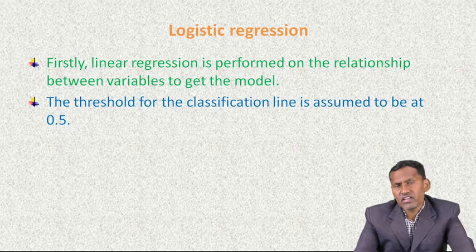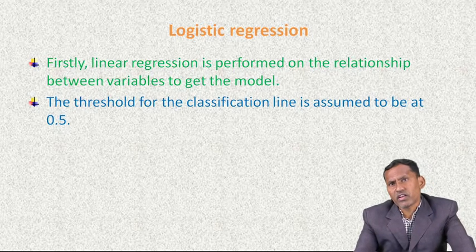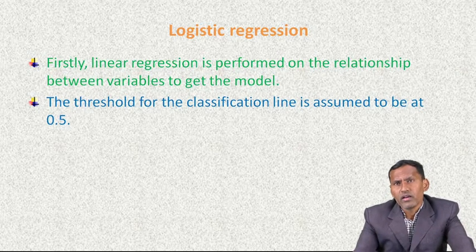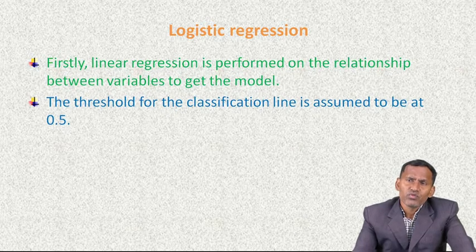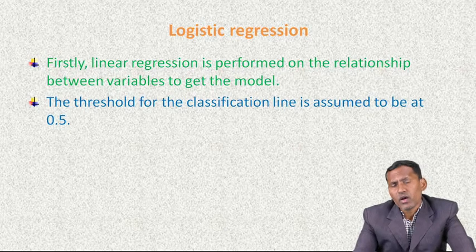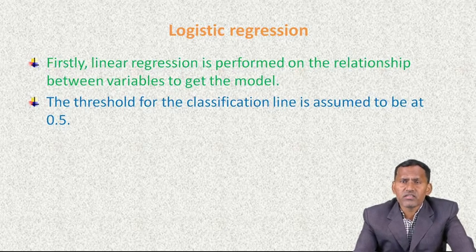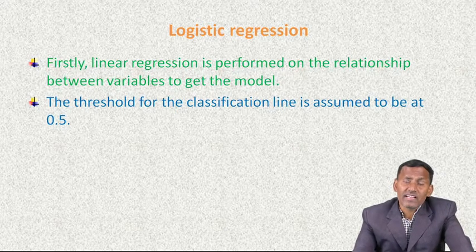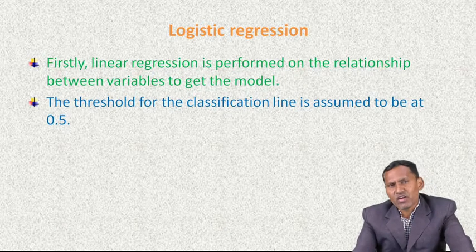This is very important in logistic regression, particularly binary classification. This threshold value plays a very vital role, and based on it, we can categorize outputs into either of the classes.